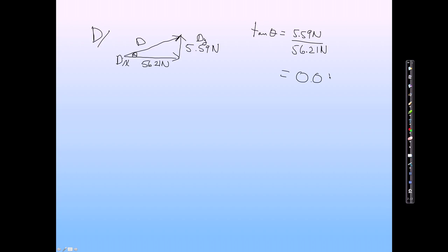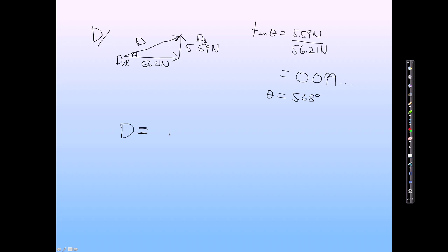0.099. What I'm going to do is write it here, but I'm going to use all of the digits to calculate theta. If I inverse tan this, we can find the angle that gives us a tan value of 0.099, and that angle is 5.68 degrees. And so our resultant vector, the result of adding A and B and C, which is the vector D, we've called it, oh wait, we haven't done this yet.